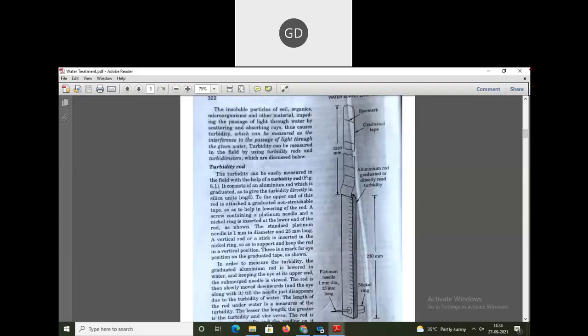It is an aluminum rod, and it gives the turbidity in silica units.